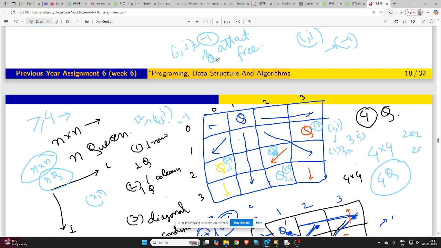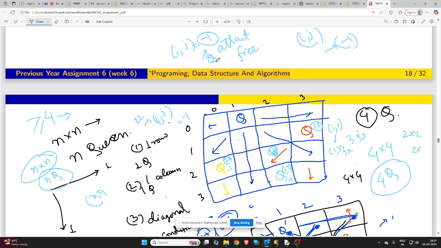Like that he was mentioning in the program, for the 8q problem, a total of 8 q can be placed in such a way that none can be attacked by another.